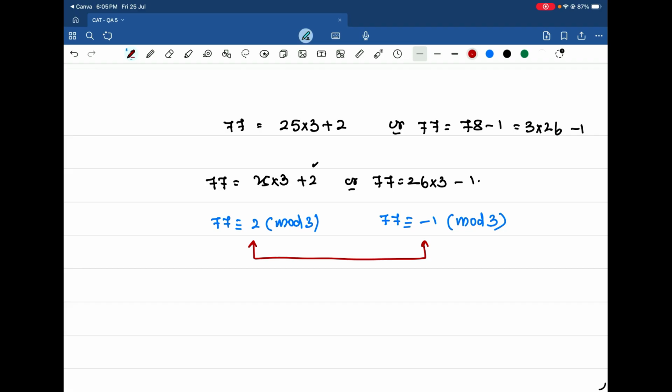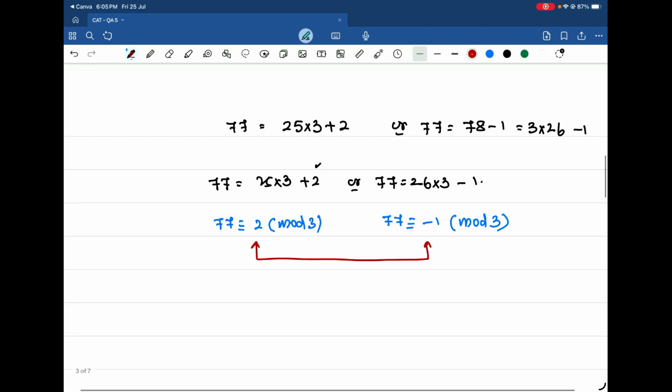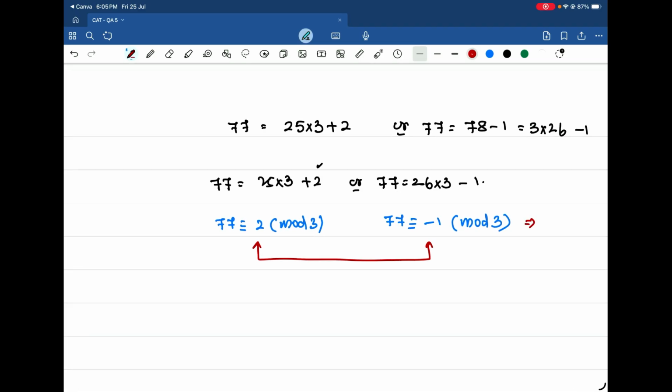Are you able to follow? What is its ultimate answer? 77 plus 1 equivalent to 0 mod 3. That is, 78 equivalent to 0 mod 3. That means when 78 is divided by 3, the remainder is 0.